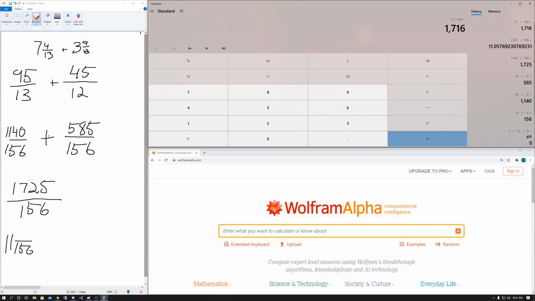Right? Now we can take the original numerator, 1,725, minus that 1,716 that we got earlier, which gives us 9.